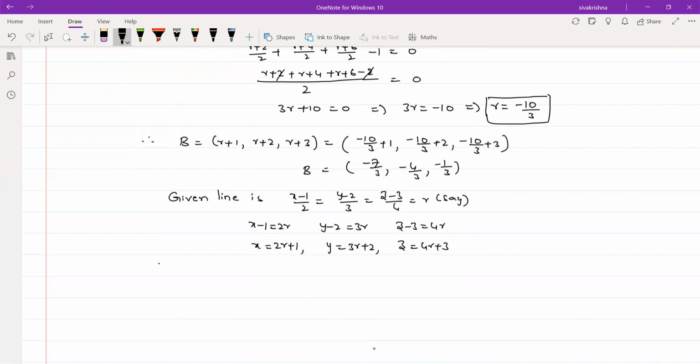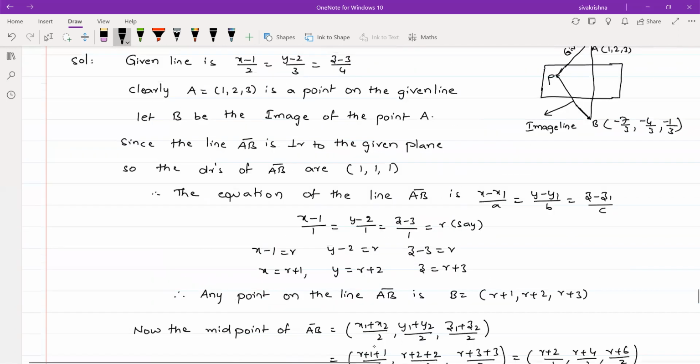So this is nothing but any point on the given line, and that is P = (2r + 1, 3r + 2, 4r + 3), and clearly that point P lies in the plane.